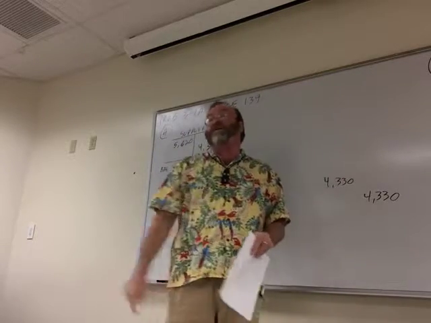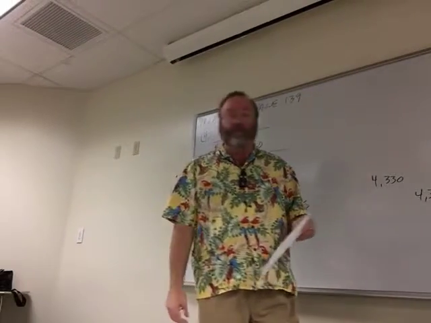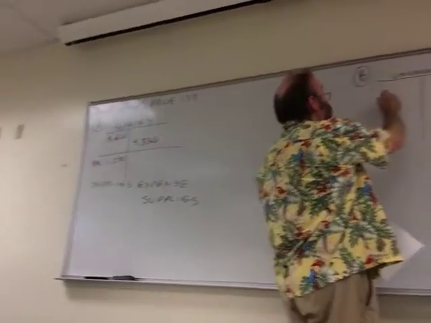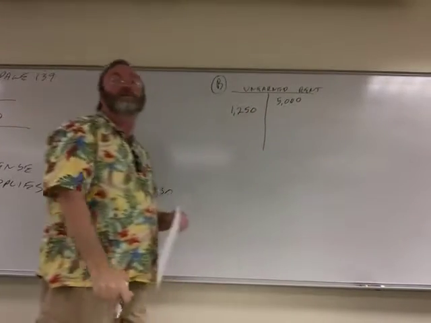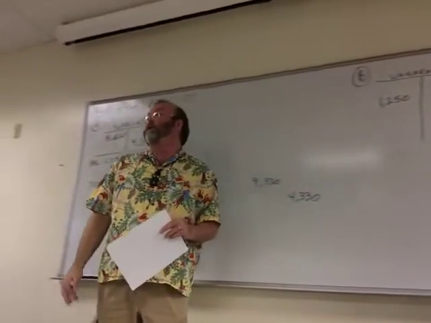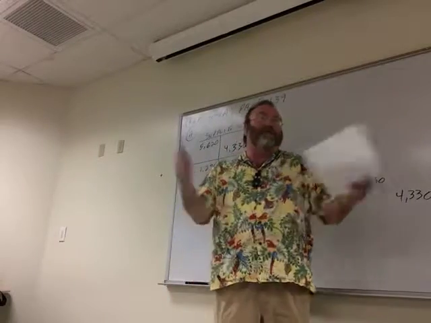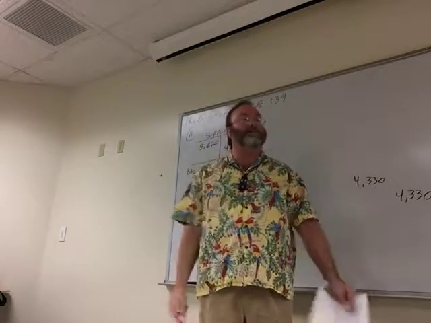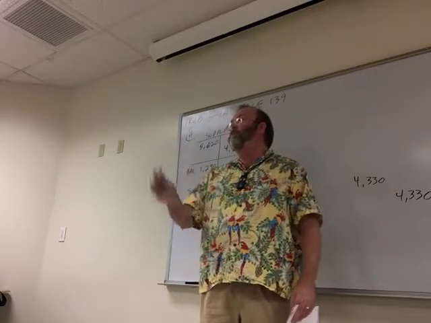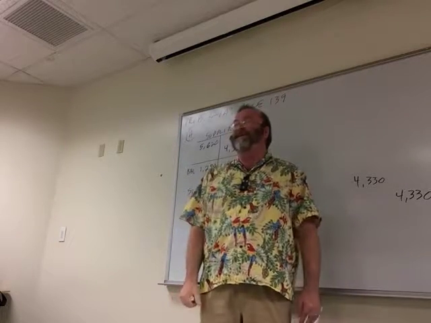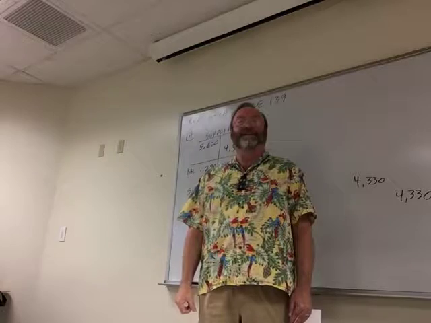So what's 1/4 of this? Right? Half of it's $2,500, half of that is $1,250. That's how I do it. I'm sure there's other ways of figuring that out in your head. Okay?